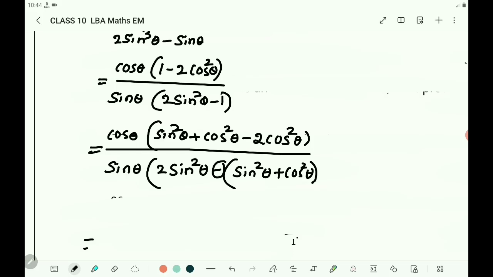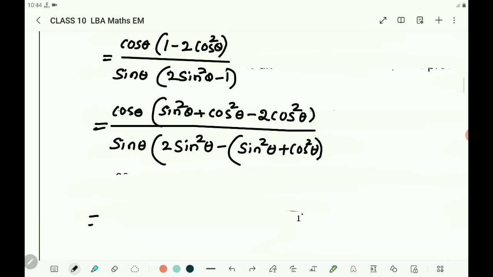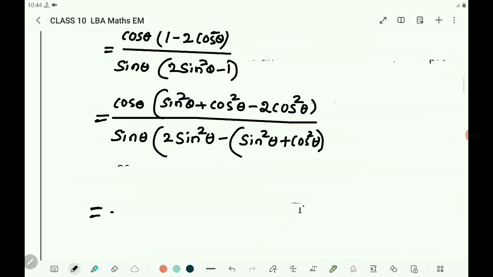Here as minus sign is there, we must write that sin square theta plus cos square theta in the bracket.